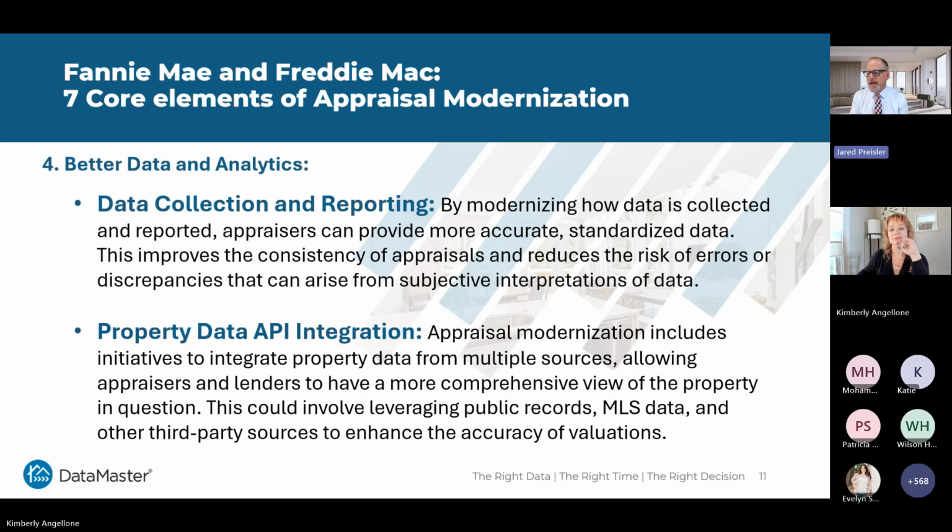So number 4 is better data and analytics. By modernizing how the data is collected and reported, as appraisers, we can provide more accurate, standardized data. It improves our consistency, helps reduce the risk of errors and discrepancies. The modernization allows for a lot more flexibility for us as well.